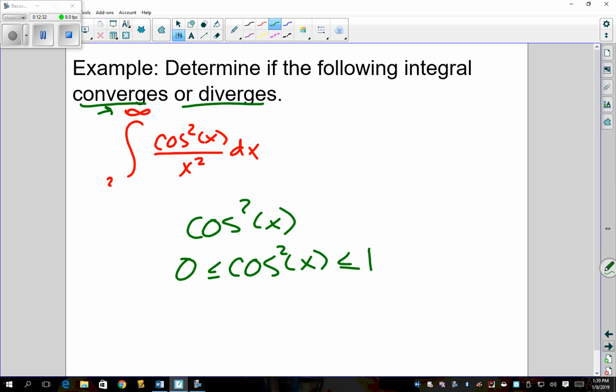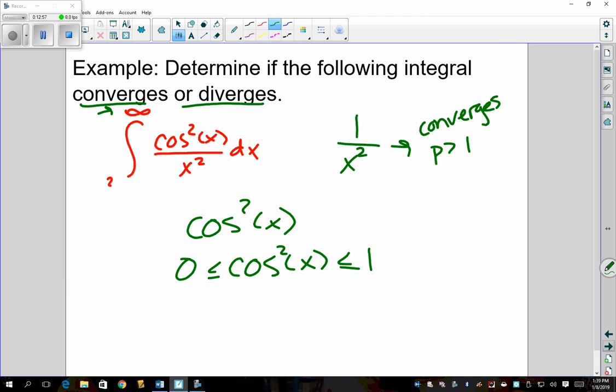And if I think about just the function 1 over x squared, if we remember back to our p-series day, this p is greater than, not greater than or equal to, this p is greater than 1, and so this series or this integral converges.